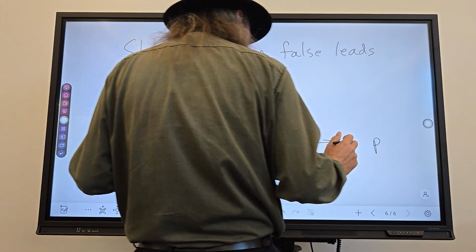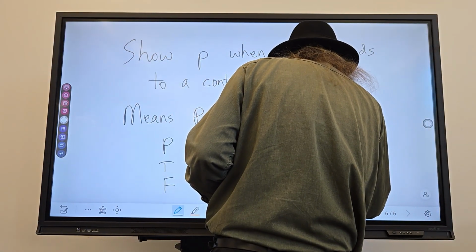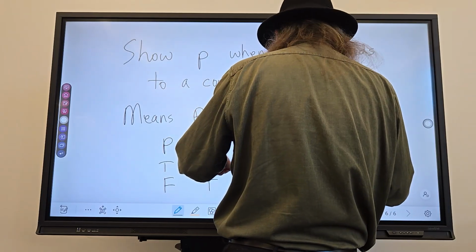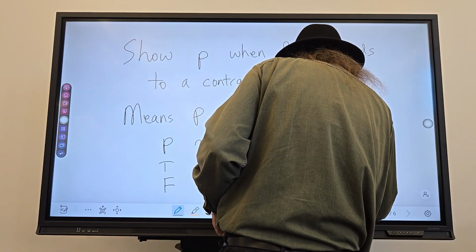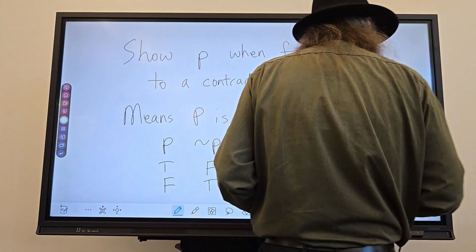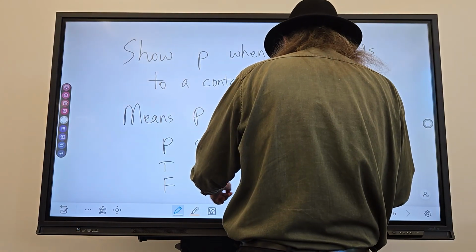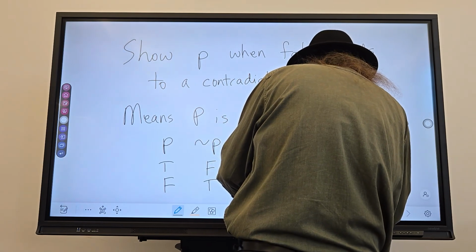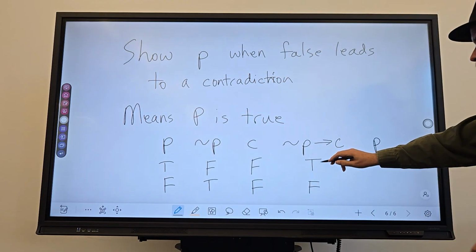Contradictions are always false. If not P implies C is true, not P implies C is false. This is your only critical row.